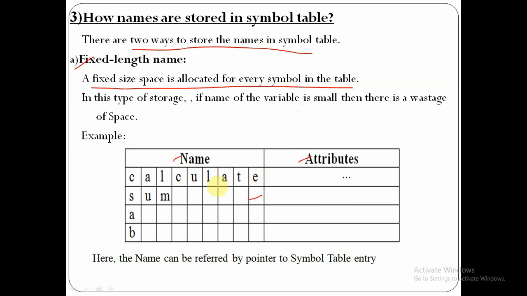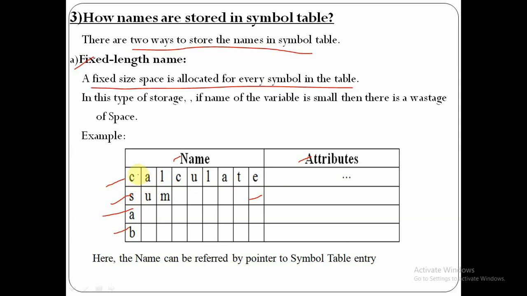So here the name size is fixed. For example, calculate occupies 9 characters, so its size, for the sake of argument, is 9 bytes. Similarly, for the next variable also 9 bytes, for the next variable also 9 bytes, and so on.